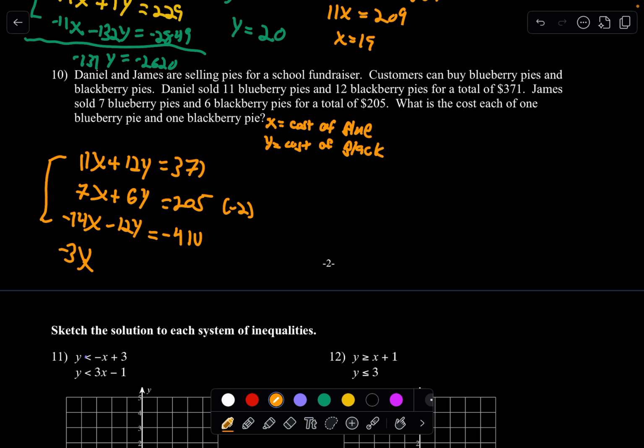And let's see, 371 minus 410 equals negative 39. So x equals a positive 3. So cost of blueberries is $3. And then to get the cost of the blackberry, you just have to plug into one of the two equations. I'll plug it into this one.